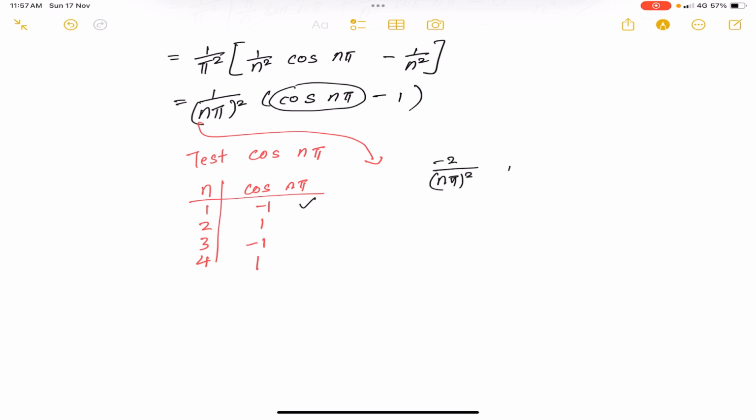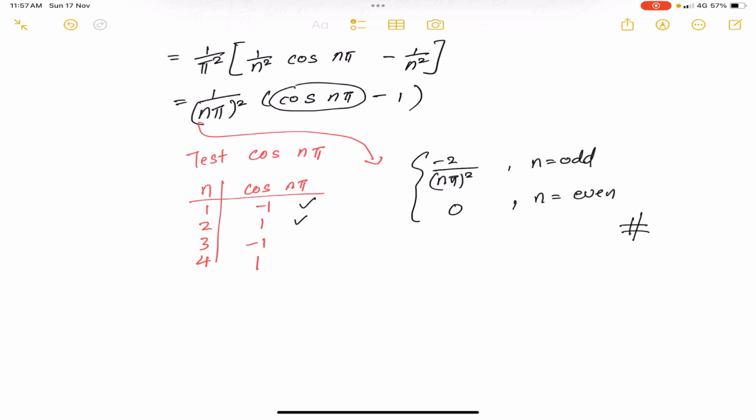So this is for n equal to odd. Again, when n equal to even, you have cos n pi equal to 1. So 1 minus 1, you get 0. So the answer is 0 when n equal to even. So this is the an value. Okay, we finished the an value.